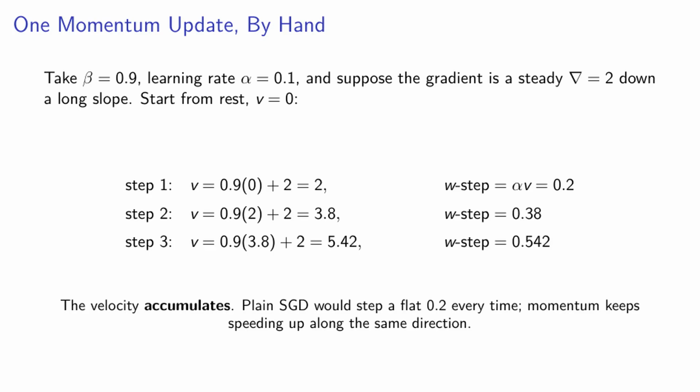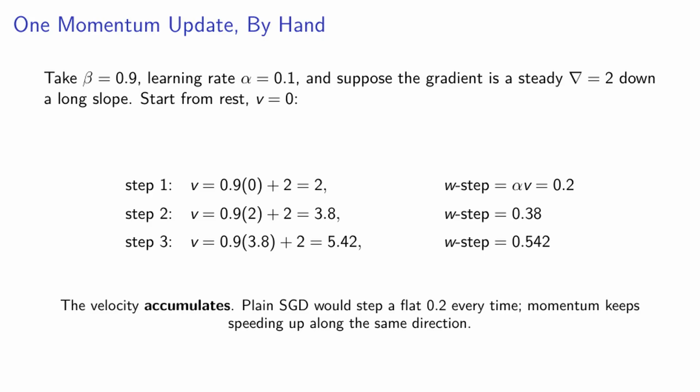Let us work one momentum update by hand. Take beta equal to 0.9, a learning rate alpha of 0.1, and suppose the gradient is a steady 2 straight down a long slope. Start from rest, velocity 0. Step 1. Velocity is 0.9 times 0 plus 2, which is 2.